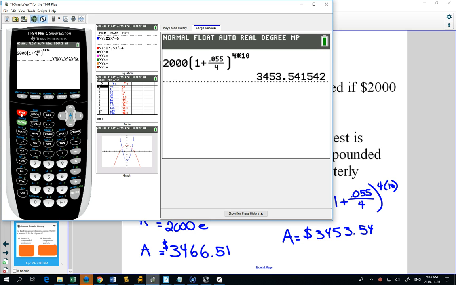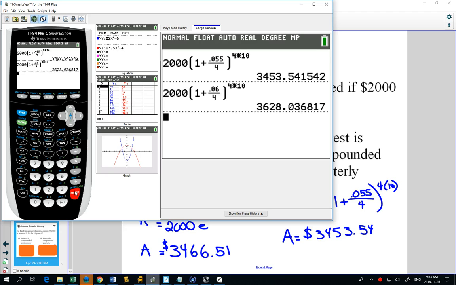And I want to show you that if you can get a different interest rate, so another bank account offers only 0.5% higher, so 0.06, how much of a difference would that make? A lot more. That's only 0.5%.